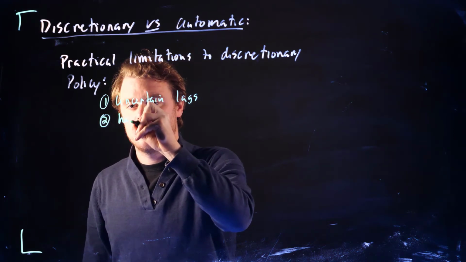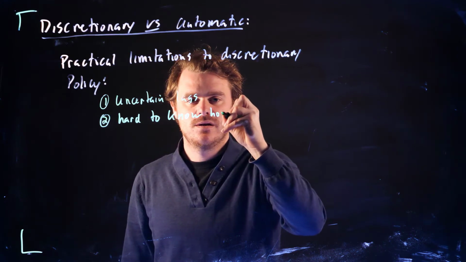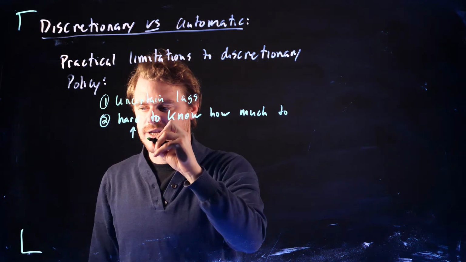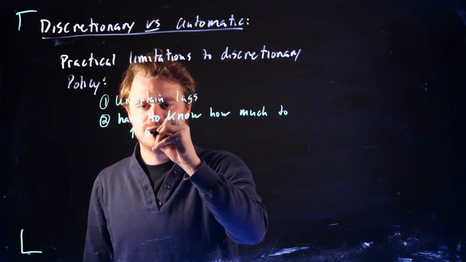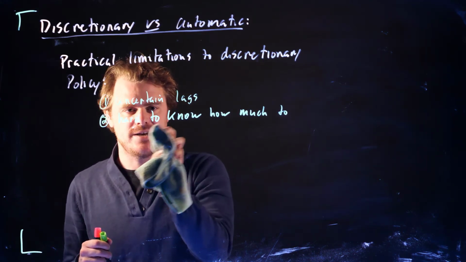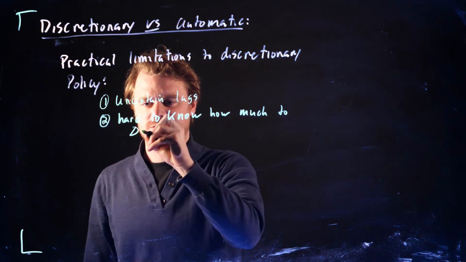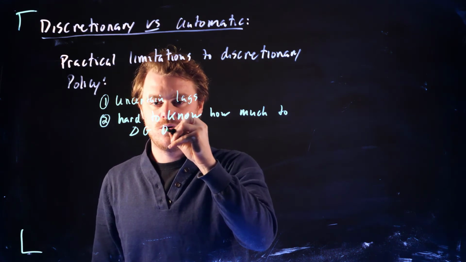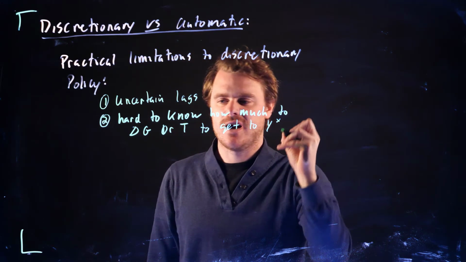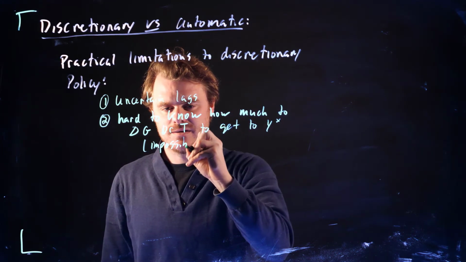So it's hard to know how much to increase G, or to change. Maybe I should say change, because you could be in an inflationary gap and changing your G, I guess. Which to change, G or T, to get to Y star. So this is the impossibility of fine tuning.